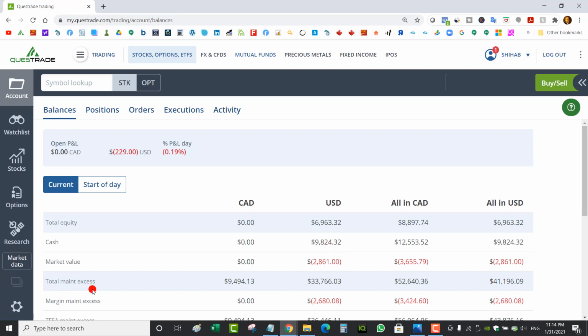Now my maintenance excess, if I'm buying a stock that has a 30% margin requirement, will decrease by about $300, 30% of that. My maintenance excess is sort of like my financial health, my status. It needs to stay above zero so that I don't get a margin call.